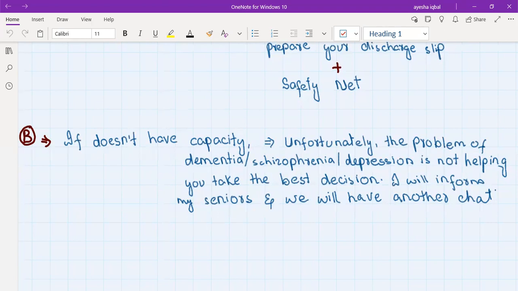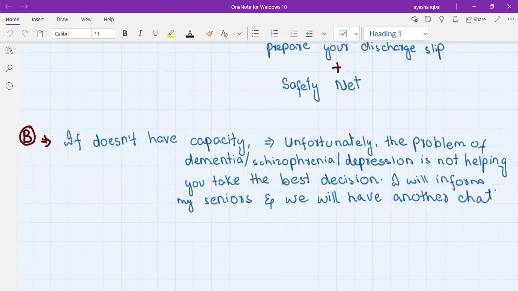Ask why, explore the patient's concerns, provide solutions. If still refuse, then explain the risk versus benefit, check capacity. If still refuse, then check the patient's mood and do a suicidal risk assessment. And then depending upon which situation you have, you tell the final management to the patient.